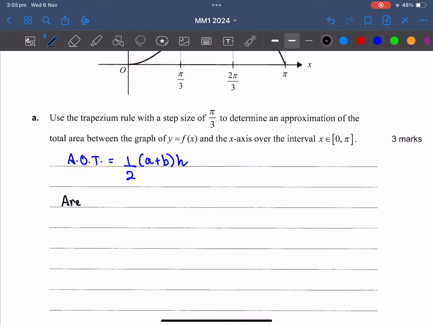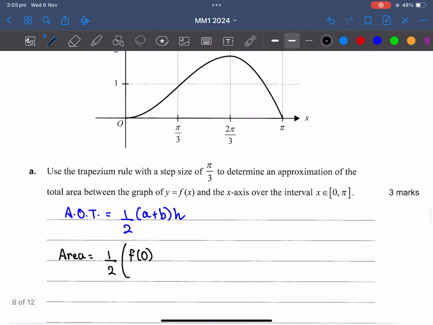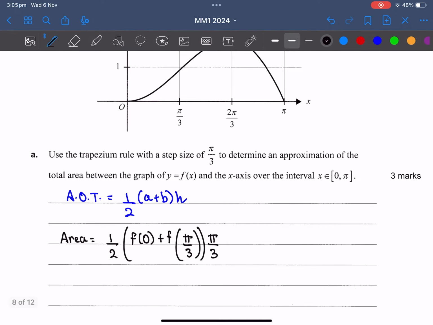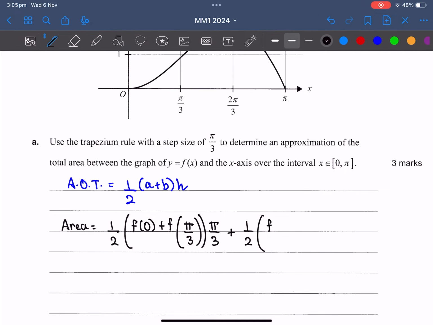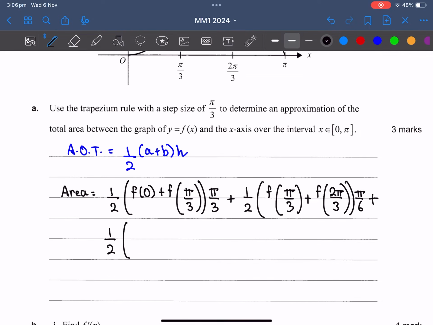The area is going to be half times f of 0, because that's where everything starts from, plus f of pi on 3, times pi on 3, plus half times (f of pi on 3 plus f of 2 pi on 3) times pi on 6, and then add half times (f of 2 pi on 3 plus f of pi) times pi on 6.